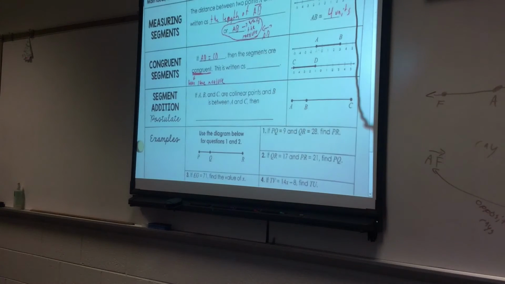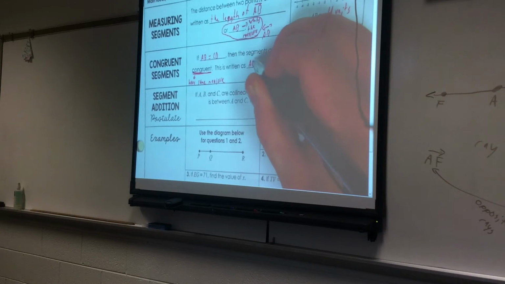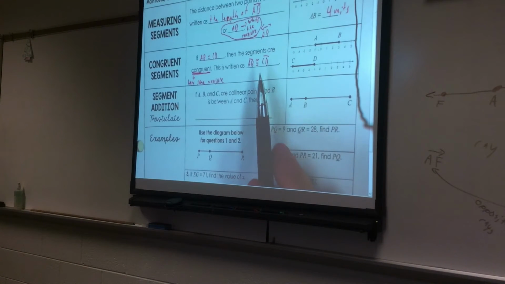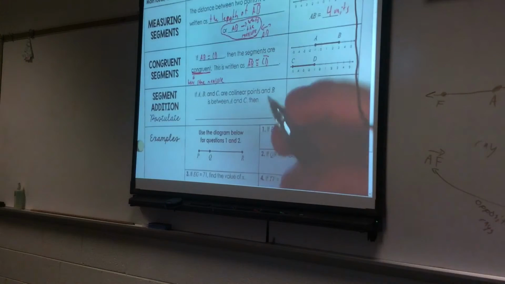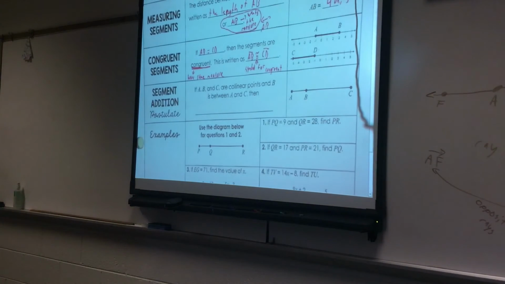And if I'm saying 2 segments are congruent, the symbol for congruent is an equal sign with a squiggly line on top of it. So this is the symbol for congruent. You'll see that a ton throughout Part A and Part B. That symbol will stay with us forever.